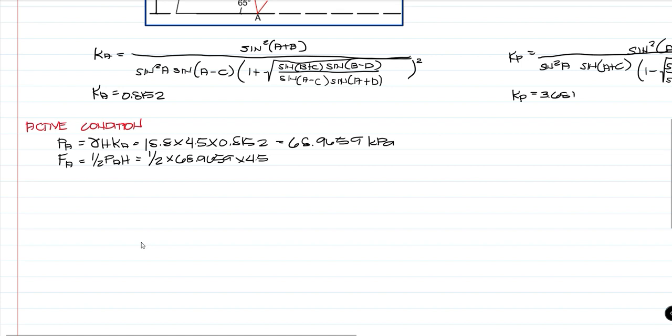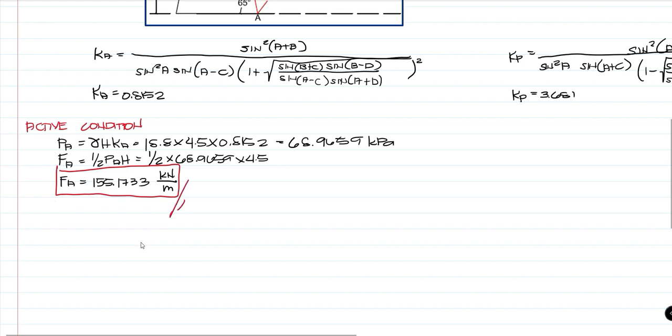Calculating this, we get a value of Fa equivalent to 155.1733 kilonewton per meter. So, ito na yung isa nating hinahanap na earth force, which is in the active condition.